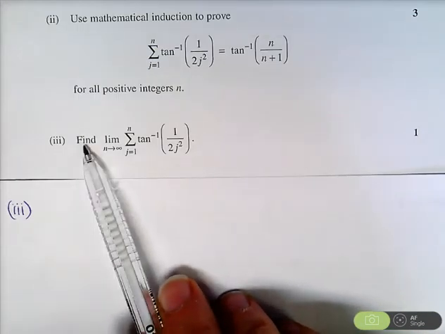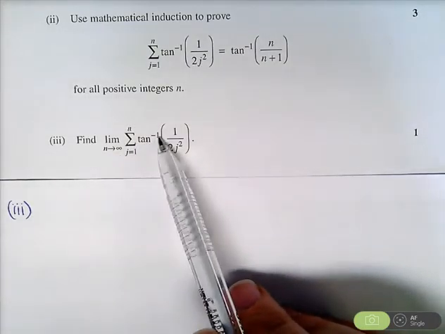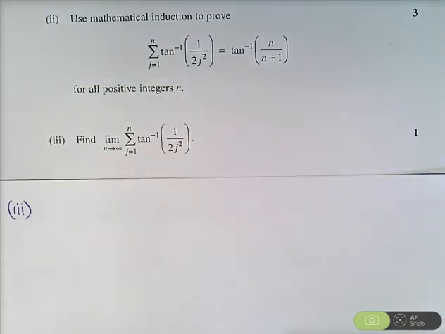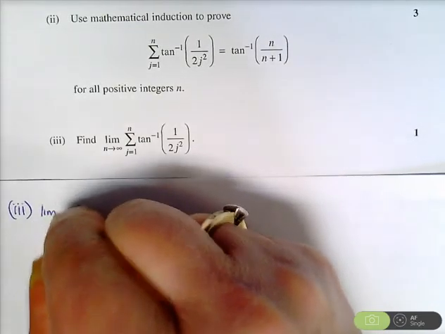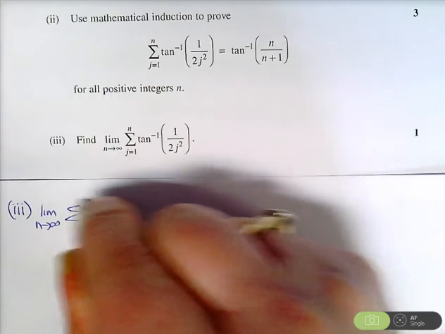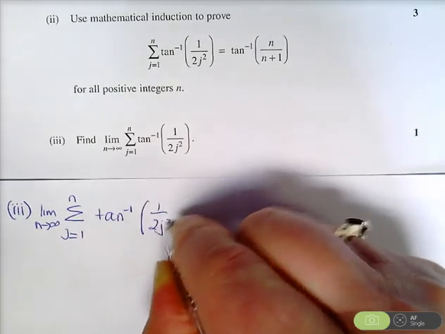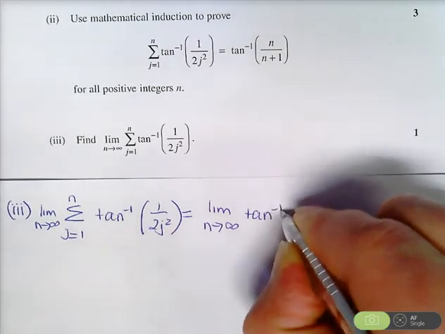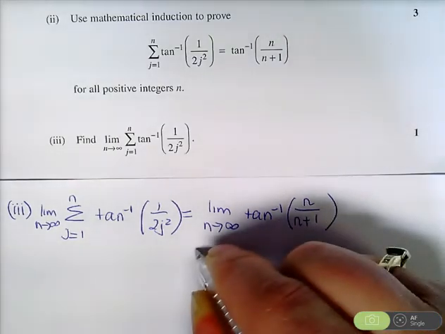Question is to find the limit as n approaches infinity of the sum from j equals 1 to n of inverse tan of 1 over 2j squared. Now we know from our result proven in part 2 that we can say that the limit as n approaches infinity of the sum from j equals 1 of inverse tan of 1 over 2j squared will be equal to the limit as n approaches infinity of inverse tan of n over n plus 1.